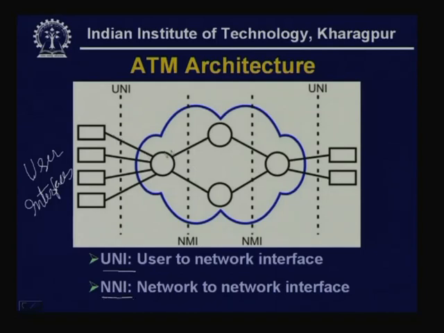These are different because the UNI interfaces may be relatively slower in speed compared to the NNI interfaces, which can be of much higher speed because of time division multiplexing being used. So, two different types of interfaces are specified in ATM architecture: UNI between user and network, and NNI between switches in the ATM network.